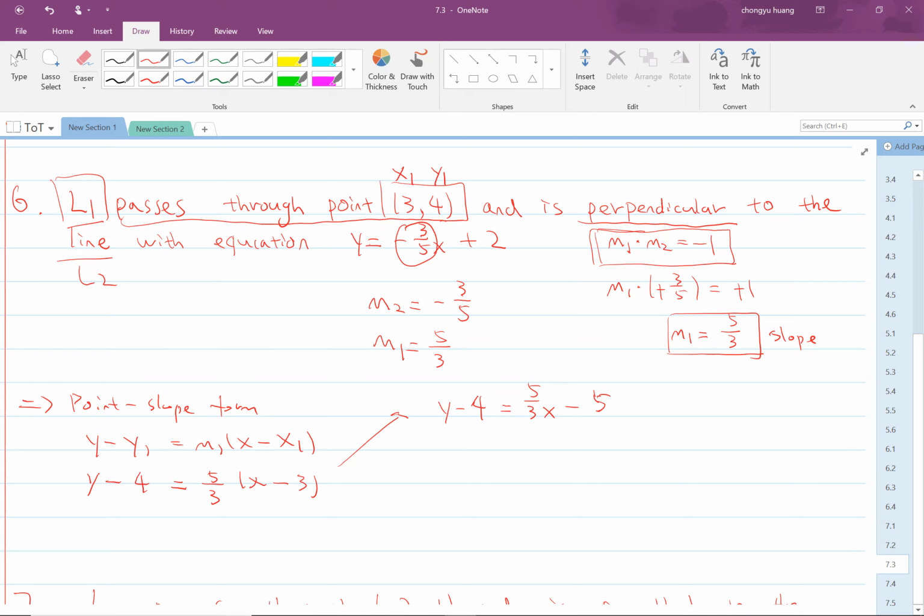Now we have to put this into the slope intercept form. You move negative 4 to the other side to become positive 4, and then negative 5 plus 4 is negative 1. So this is the final solution, the equation of L1. Now we have found the equation of L1.